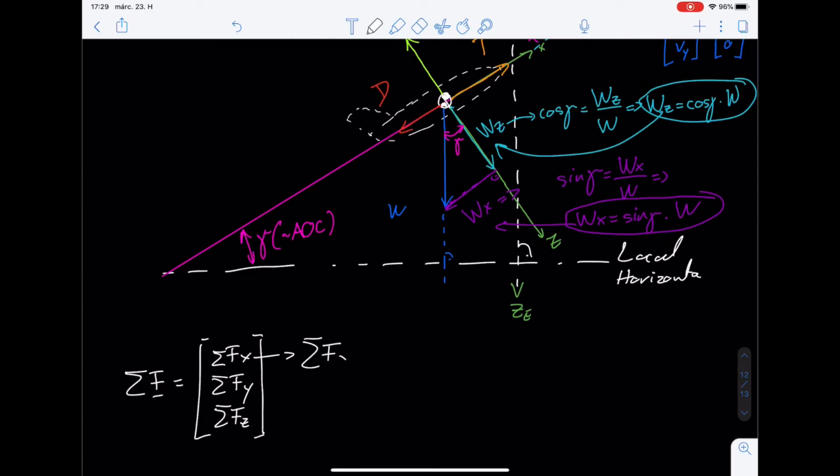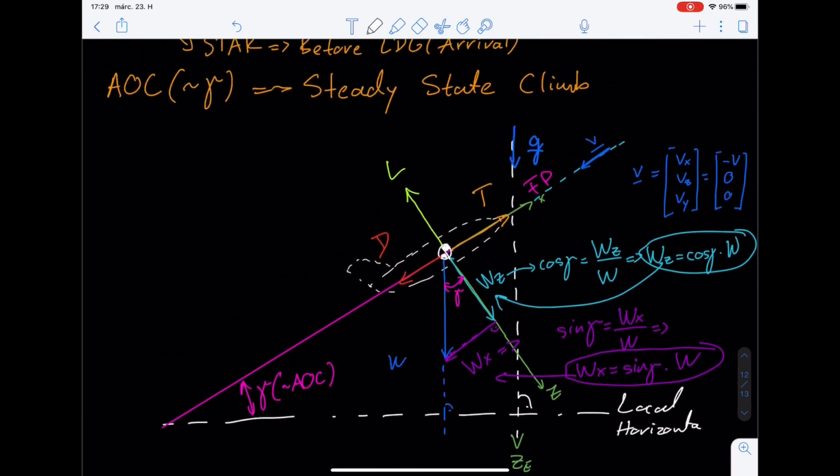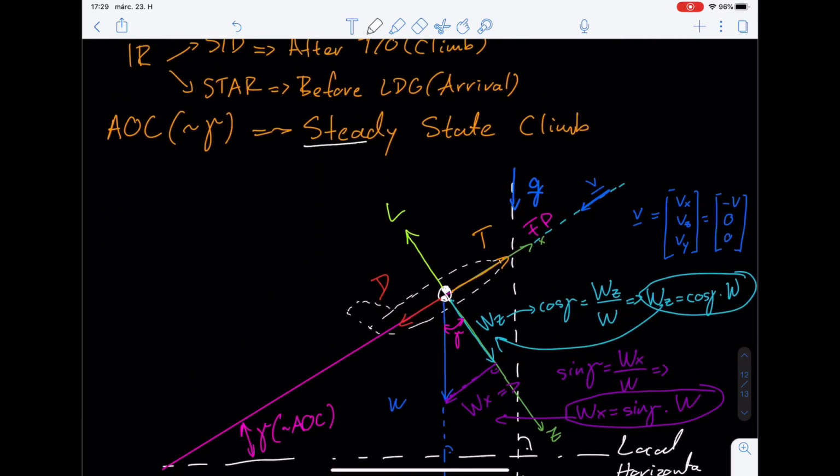Right, so the sum of forces in the x direction, the longitudinal direction: in the positive direction we have thrust acting. In the negative one, we have the drag and the weight component, the apparent drag, so sine gamma times the weight. And since this is a steady state condition, it means that the acceleration is 0.